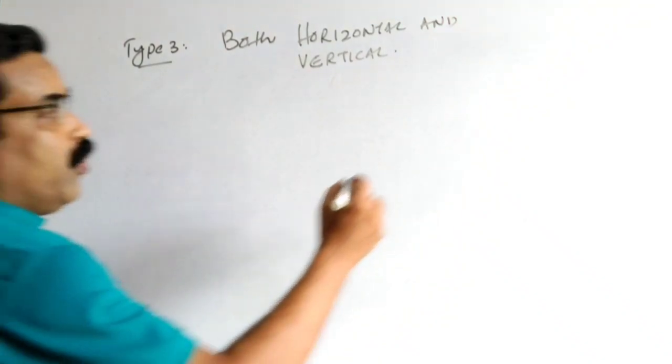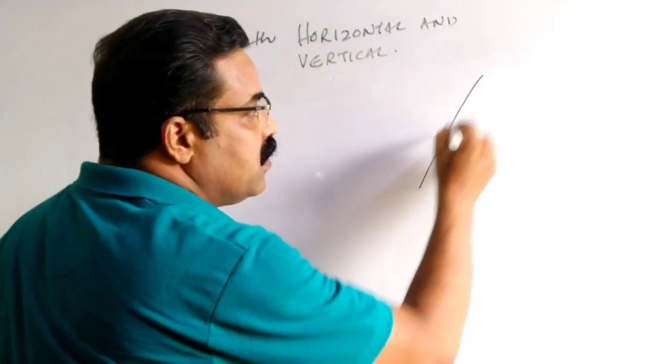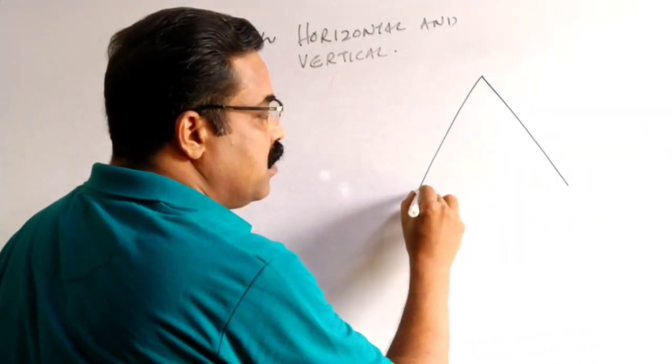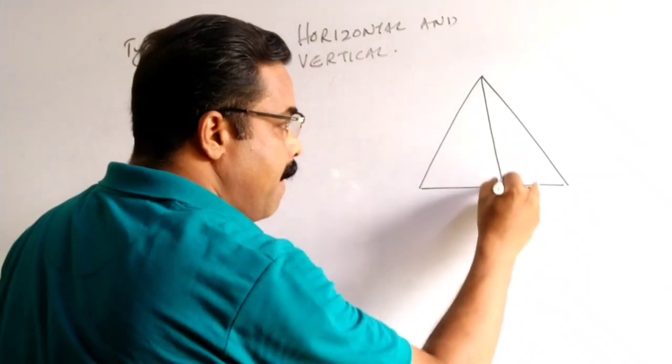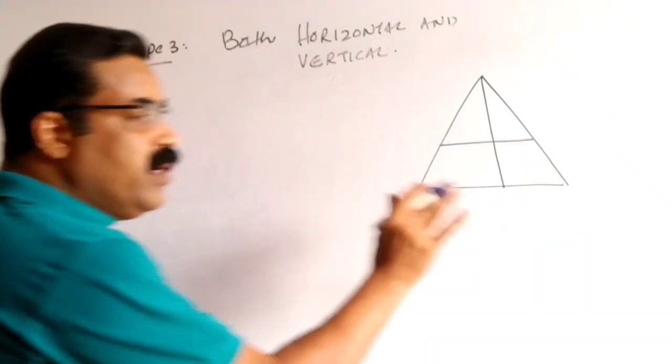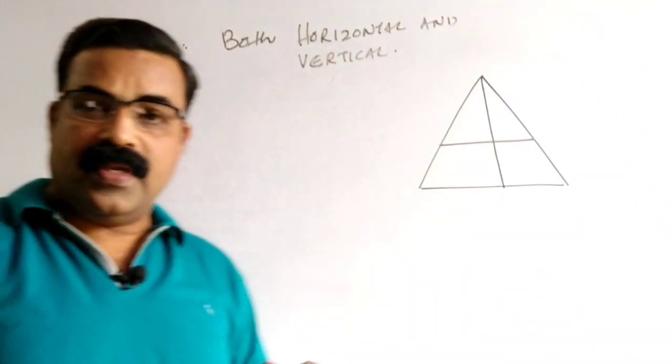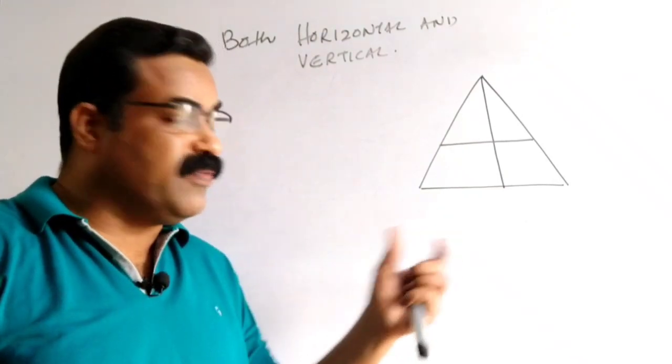Both horizontal and vertical lines. For example, let me draw a figure like this. How many triangles are there in this figure?